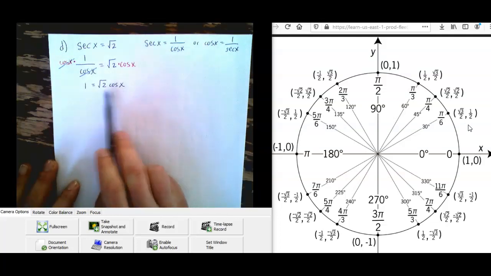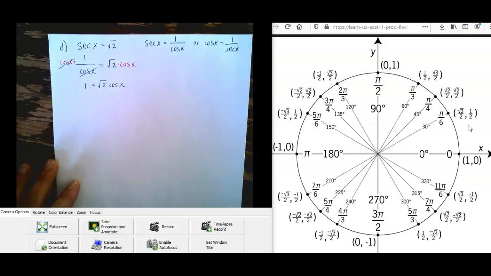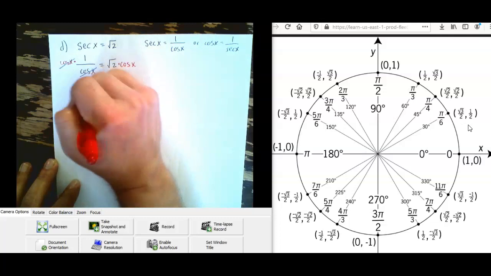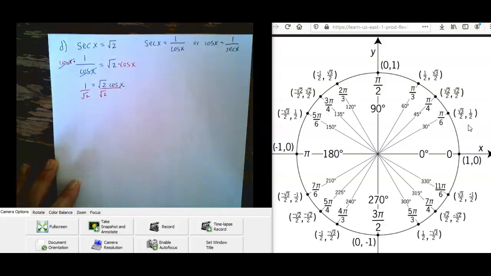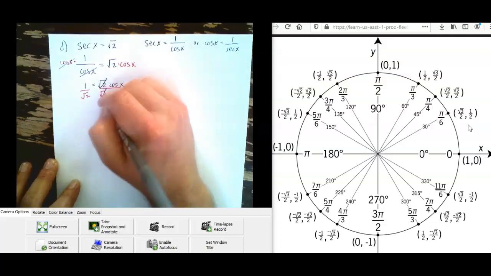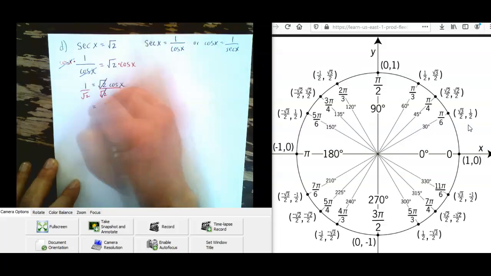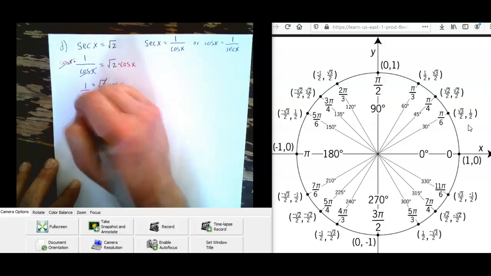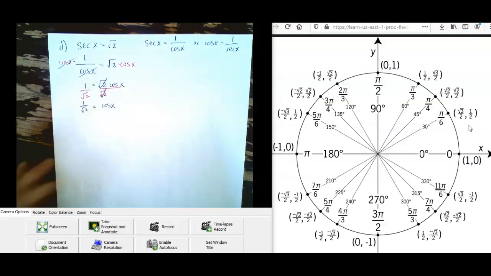Of course, we want to solve this for cosine, so let's divide by the square root of 2 on both sides. These will cancel. So we get cosine x over here is equal to 1 over the square root of 2.